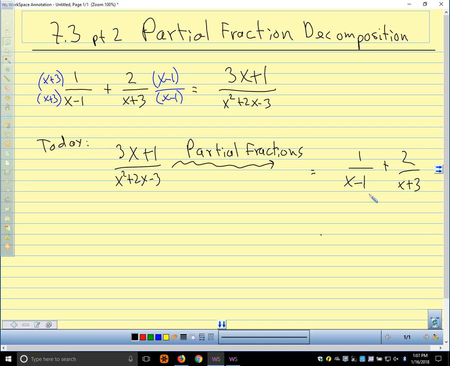Because in the future there will be problems that are impossible to do when the fraction is written this way, but very easy to do when the fractions are written this way. What we call each of these, each is a partial fraction, because each one is a part of the fraction that makes up that whole rational expression.